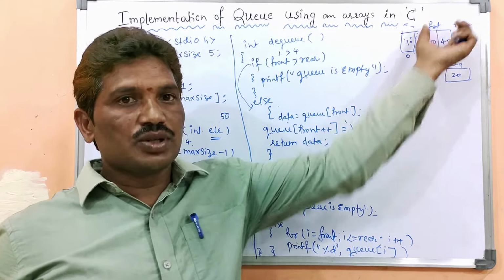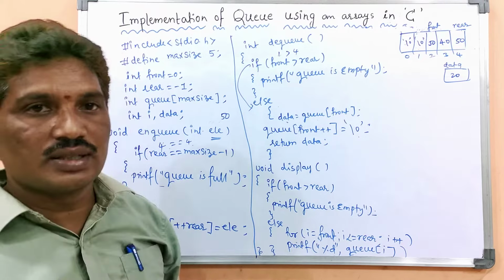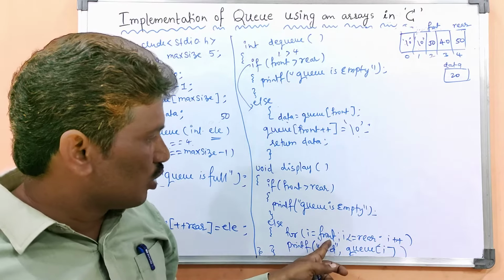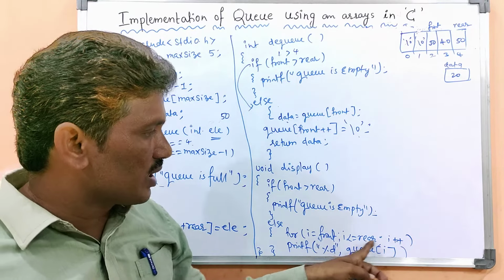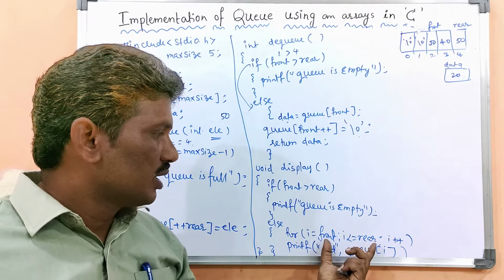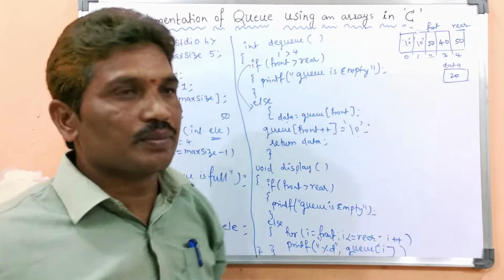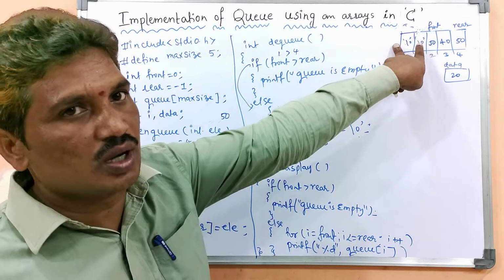In between elements you are going to display, because before that there are no more elements, it is empty. Then I equal to front, I less than or equal to rear, I plus plus. We can display the elements from front to rear. These elements will be displayed because the two elements have already been removed.